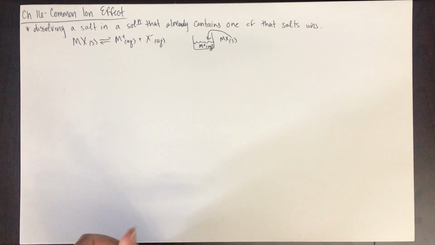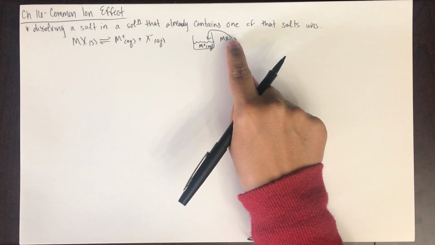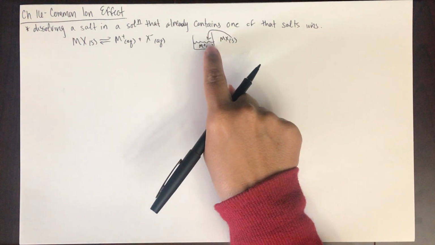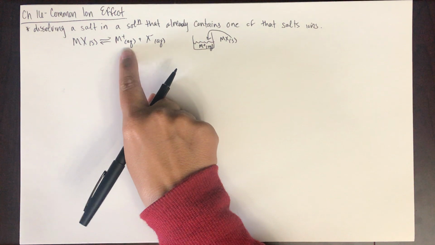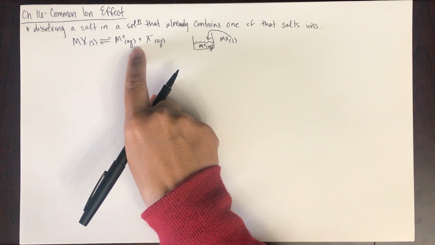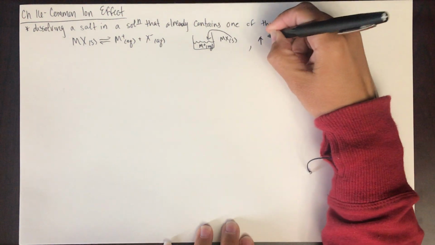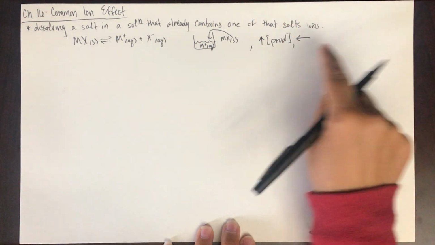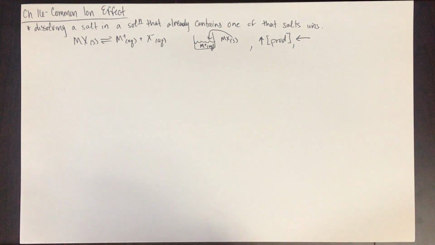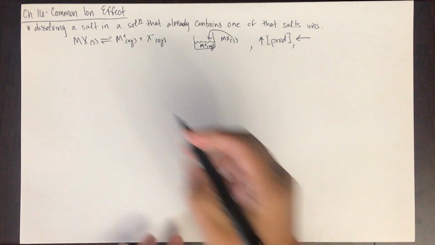So remember what Le Chatelier's principle says: if we're dissolving this salt into a solution that already has one of the products, this would be like saying we're increasing the concentration of the products. That's going to shift the equilibrium back to the reactants.